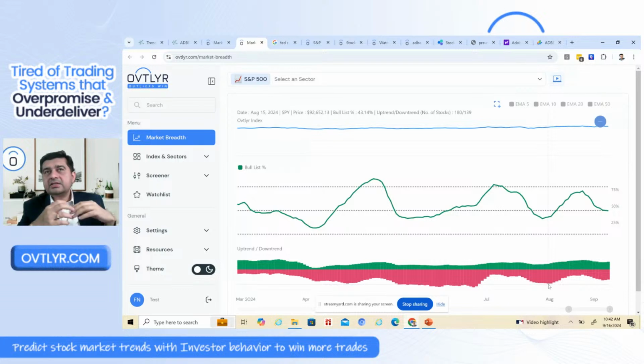Very important, because when this happens, you will start seeing overall recovery, prices start going up. Because imagine more stocks in uptrend, less stocks in downtrend, where will the prices go? They are going to push up. So that's one of the key things I look for.